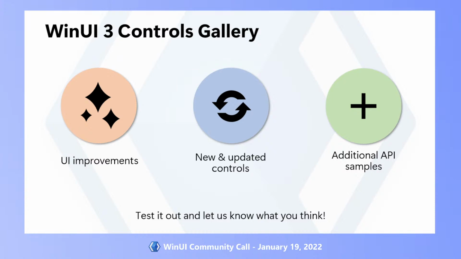So we want to make sure that you get a full grasp of how to use each and every control. So we've added some additional samples for you to play around with. That includes, for instance, the password box control that Dilip will then show you. So with that in mind, I can pass it over to Dilip, who has a live demo of the new WinUI 3 controls gallery.